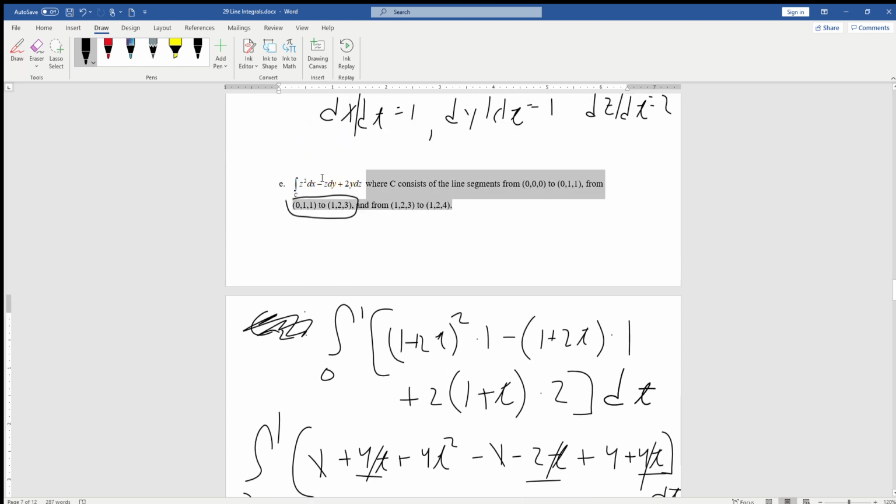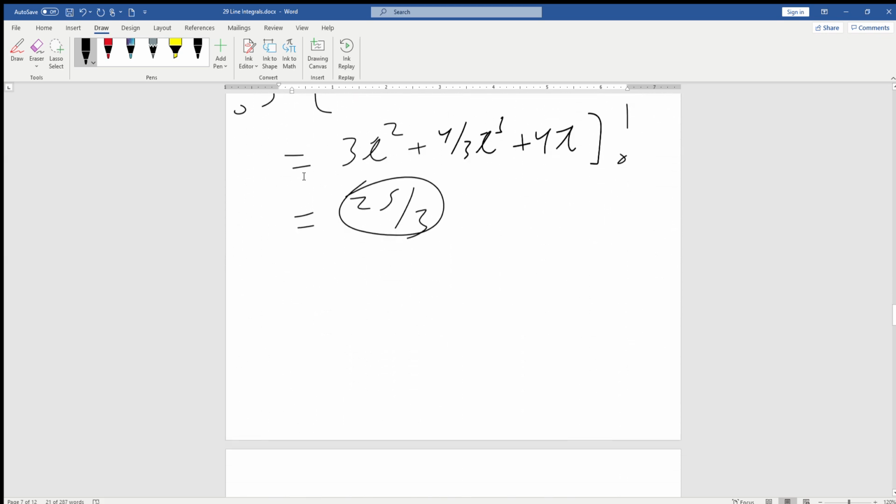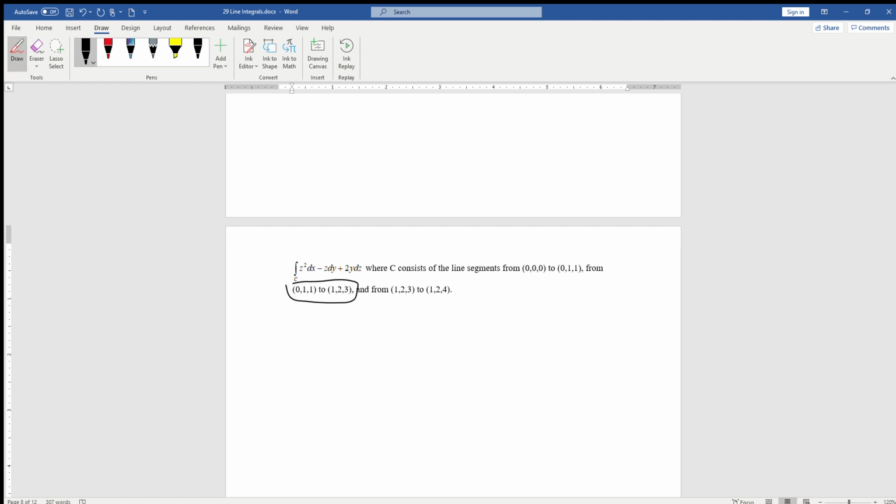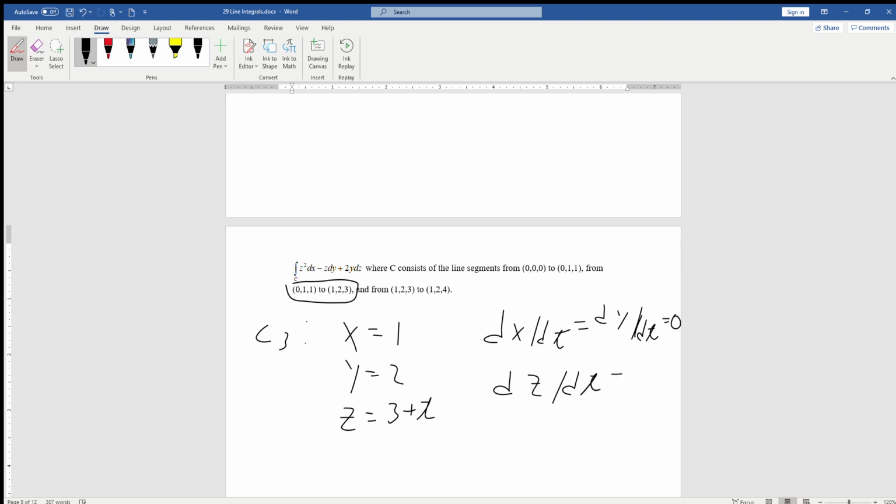So now this is going to be the easiest of them. Same problem. For path C3, we're going to parameterize it. x is 1, y is 2, and z is going to be equal to 3 plus t for the parameterization. Both dx/dt and dy/dt are equal to 0, and dz/dt is equal to 1.